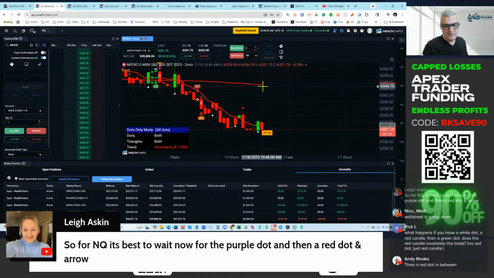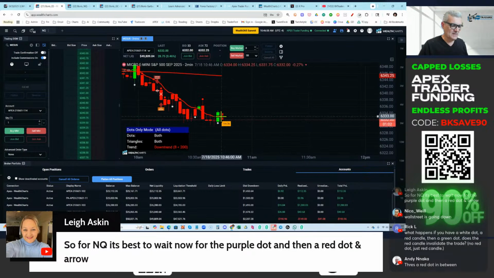As a matter of fact, you could make the argument that if this thing kind of dies out and it starts giving me a red dot, the trade is going to be to the downside in the S&P. If the S&P gives me a red dot, that's a pretty negative signal that this thing can go down.